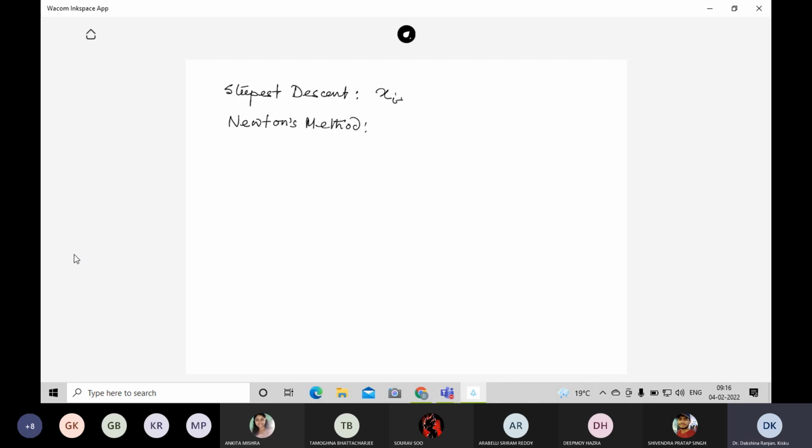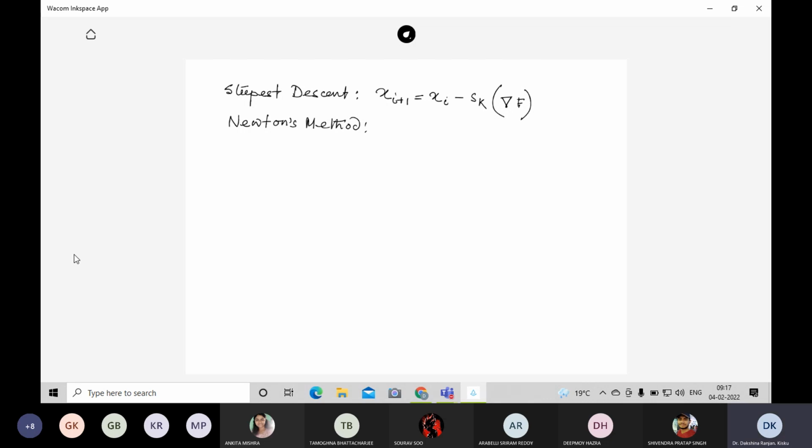What we have derived is that x_{i+1} equals x_i minus s_k, and this s_k will be multiplied with the gradient of f. This was used for steepest descent.